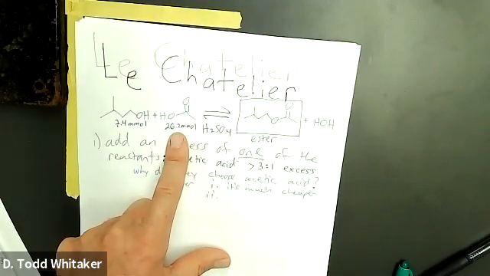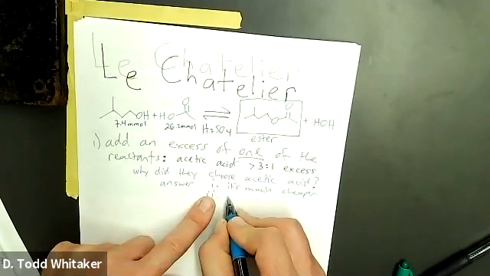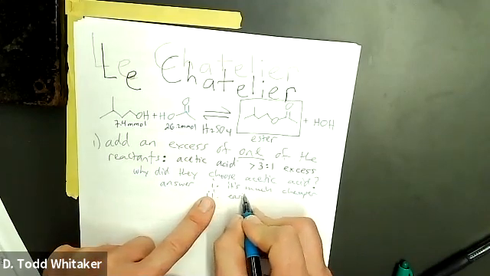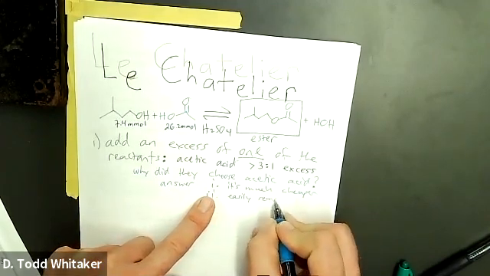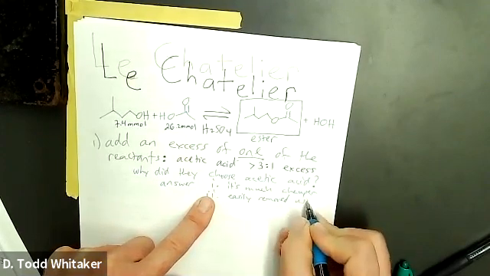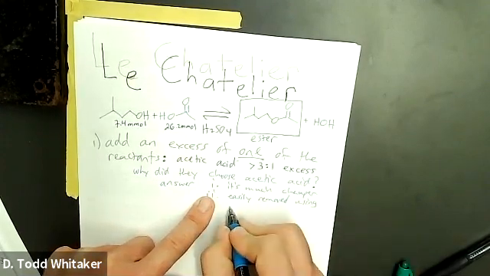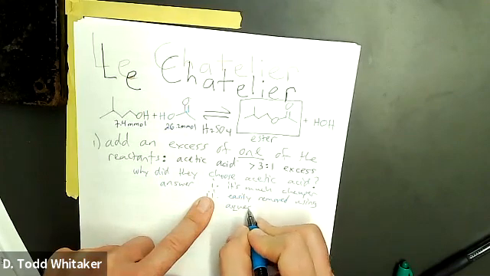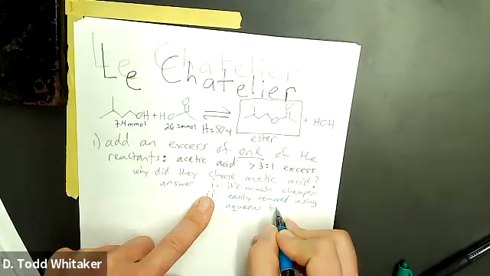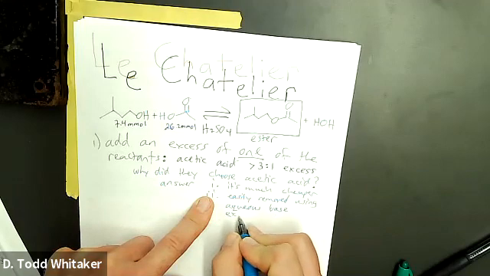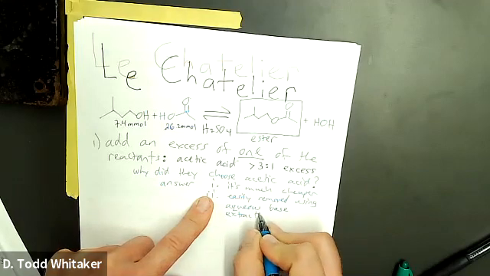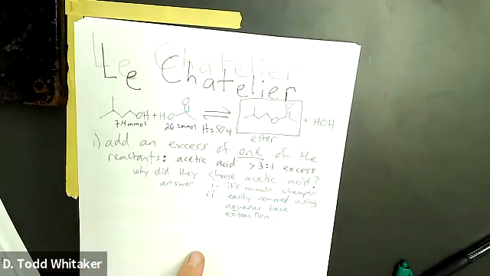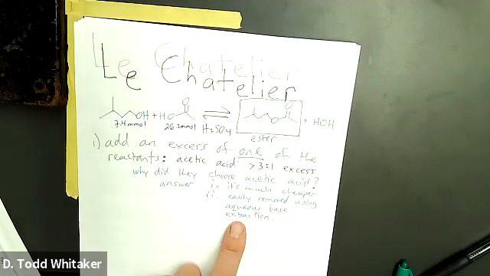But acetic acid is more easily removed using aqueous base extraction. Remember, it's the excess. You're going to have to get it away from your ester. And a great way is to have an organic layer where your ester remains.